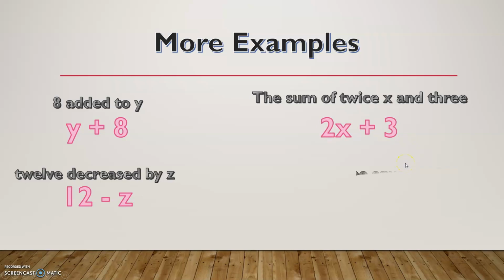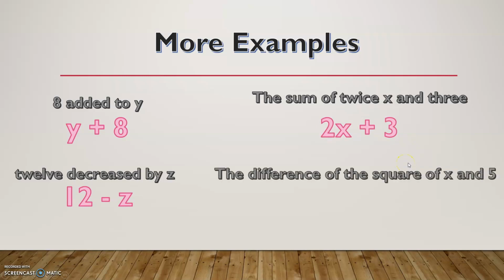Okay? How about this? The difference of the square of x and 5. So, square of x and then 5. That is x squared minus 5.